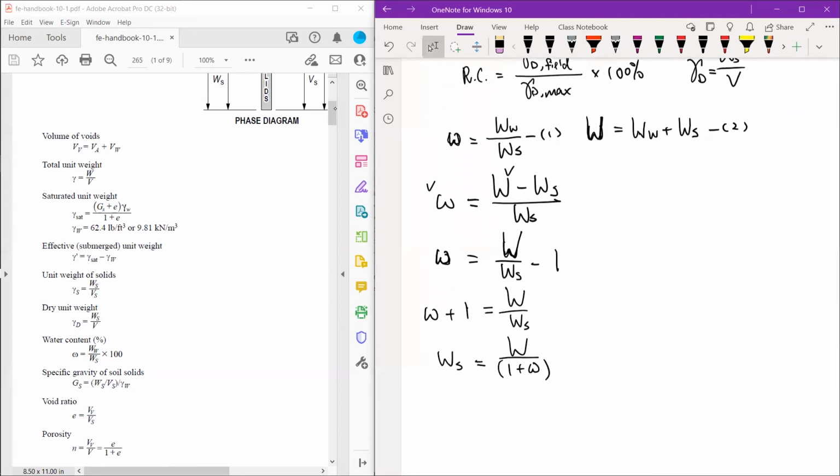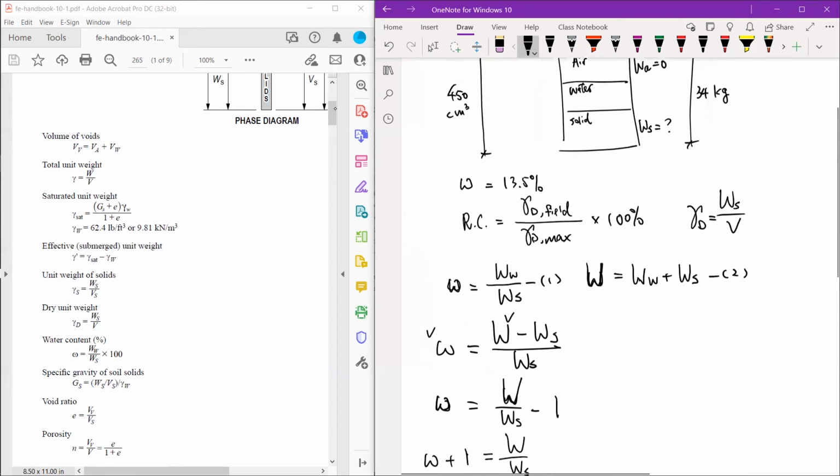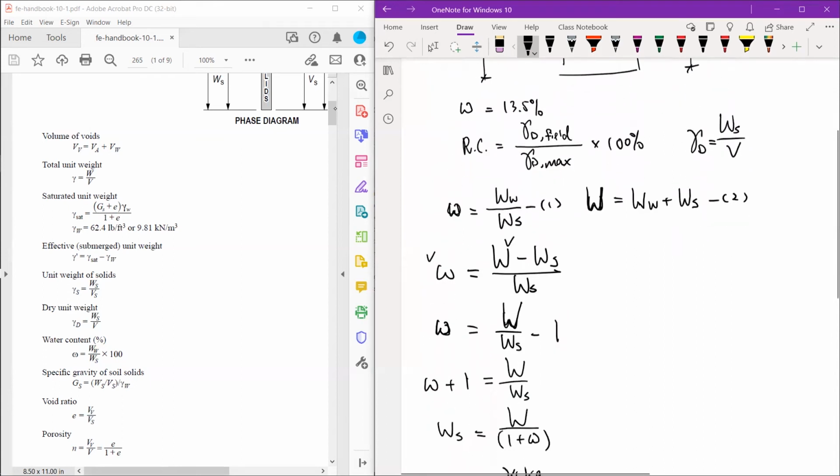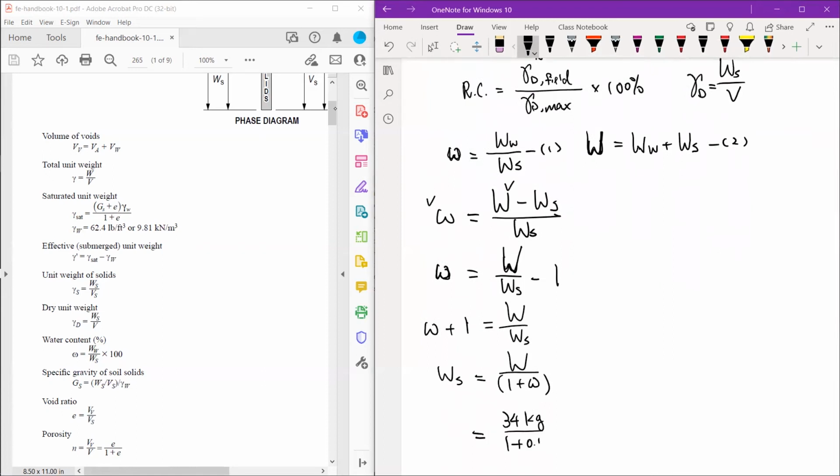After we organize the equations, we find that the weight of solid equals the total weight divided by the one of water content. We know the total weight is 34 kilograms and the water content is 13.5%.